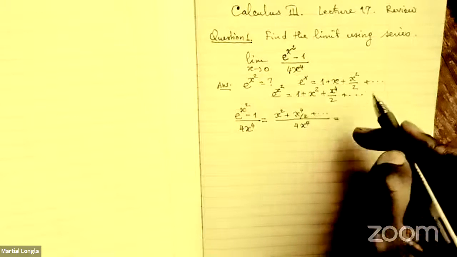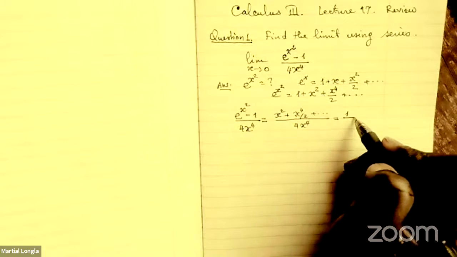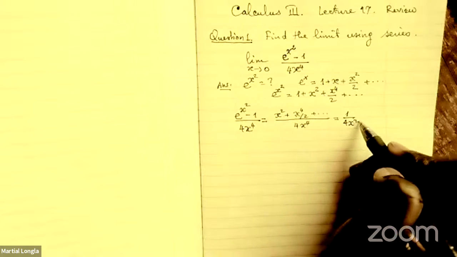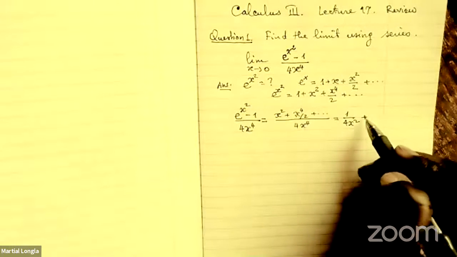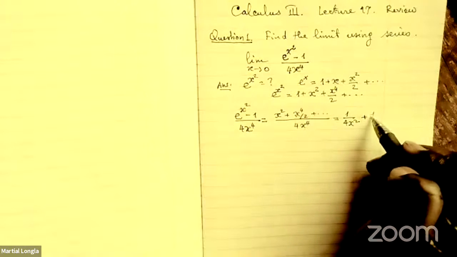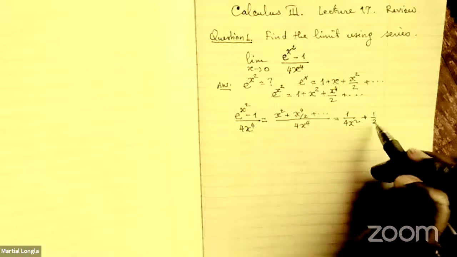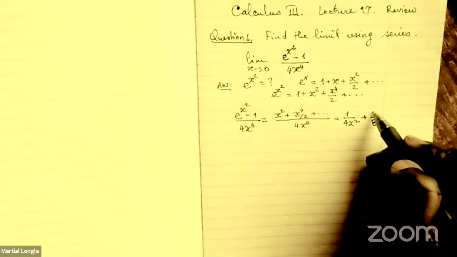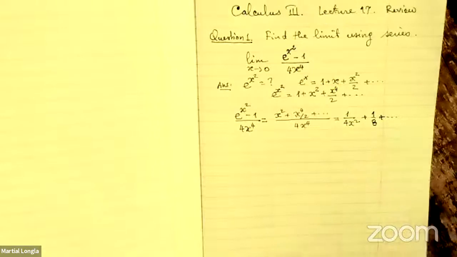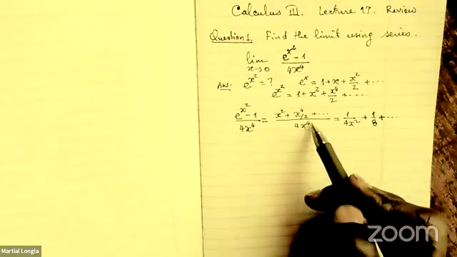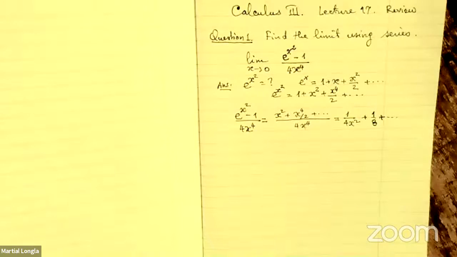And this gives you 1 over 4x squared, because x squared divided by 4x to the fourth is 1 over 4x squared, plus you divide this one, you get 1/2 divided by 2, that's 1/8, plus, and everything that is coming after that goes to 0 because the power is higher than that of x to the power 4. So they divide and you get a number that goes to 0.